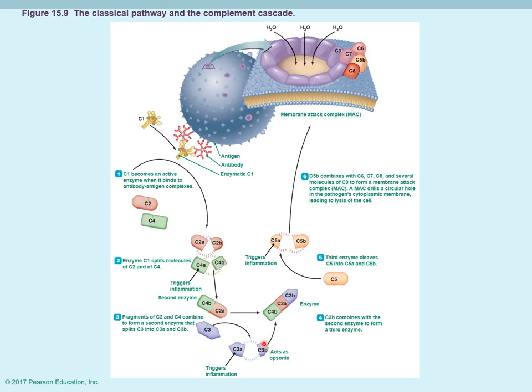So once complement is activated by any of those 3 methods, you've got these proteins, you go through all the steps, activating each step along the way. It's kind of like, okay, Mary has to break this and tell Joe, and then Joe and Mark have to get together over here, and then they have to tell Sally, and then Sally gets in the group, and it has to occur in this order.